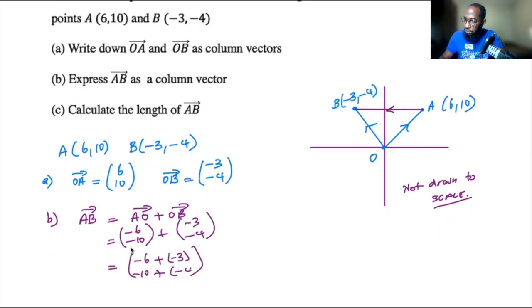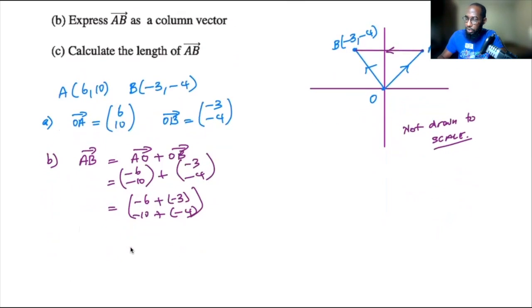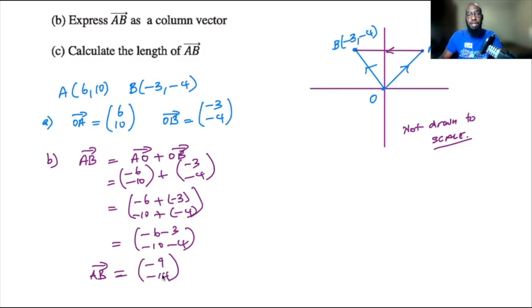I'm just putting all the work in. From here, you could have put it in your calculator to get your final answer. So here, this is the column vector for AB. So this is part B.